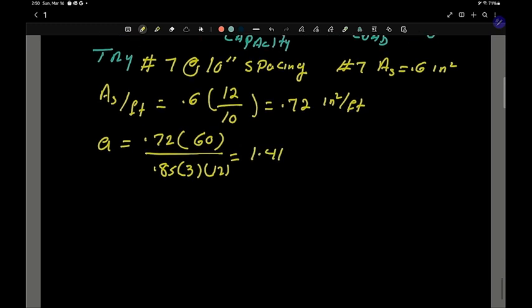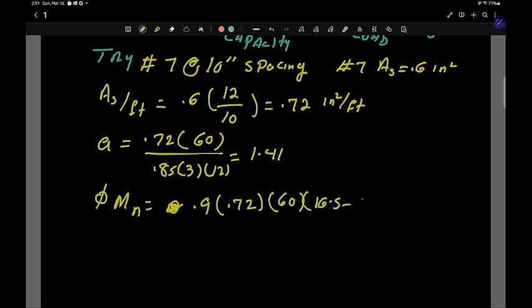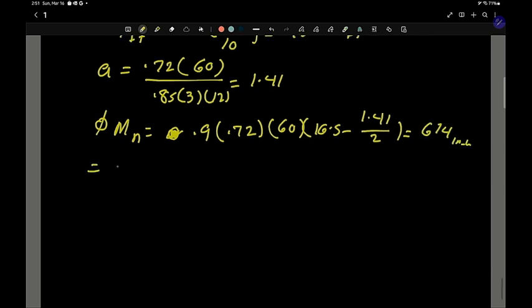Then after that, we're going to calculate phi times Mn, which is equal to 614 divided by 12. That will give us 51.2, which is bigger than 48.6, and that will pass.